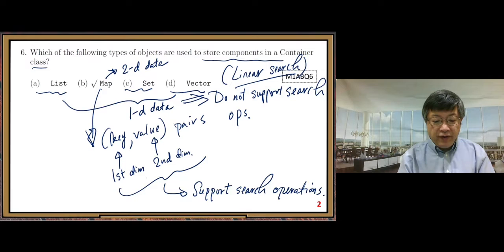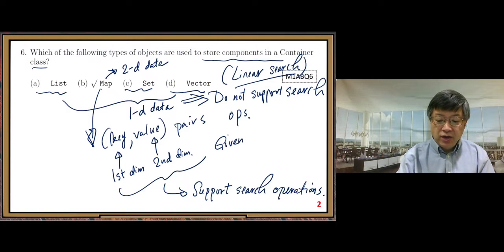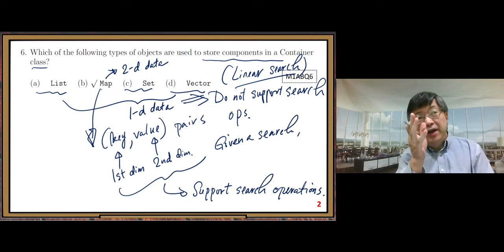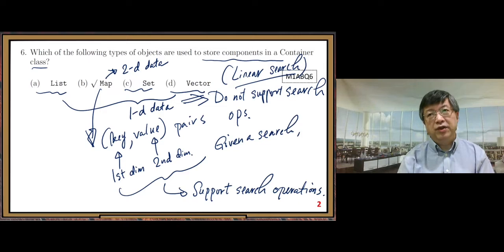But for this 2D data structure, you can do much faster, because you have a search key. When you start a search, given a search key, you have that key first, because when you store the data, you provide a key for your data item.